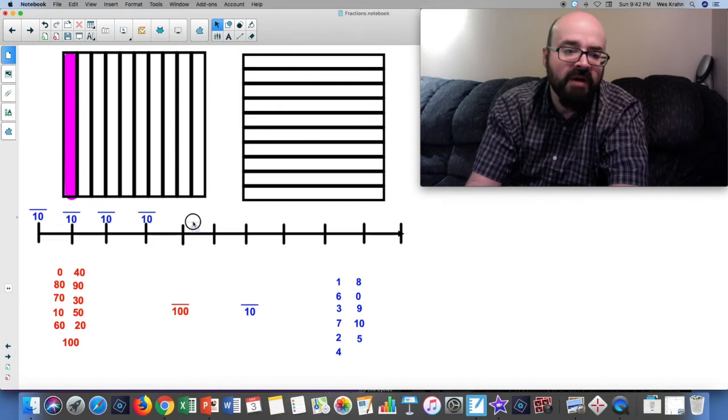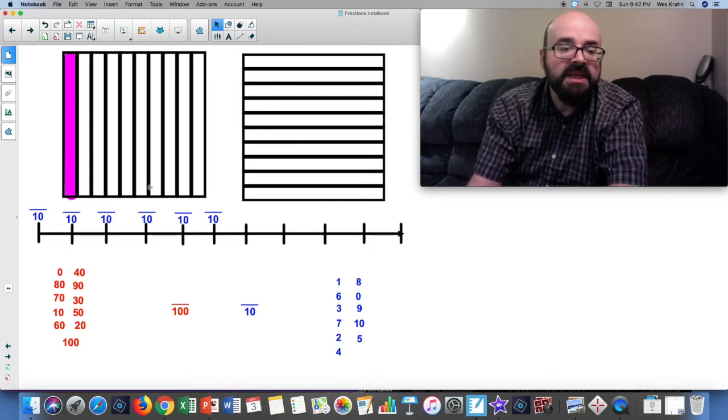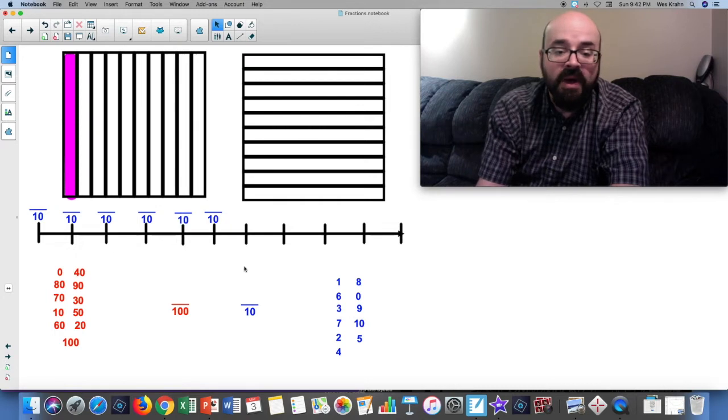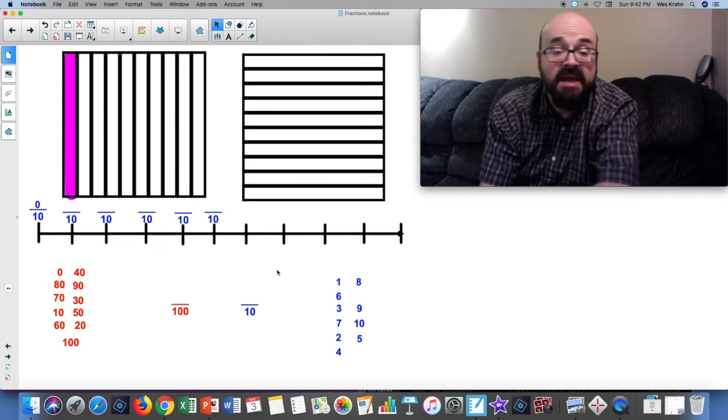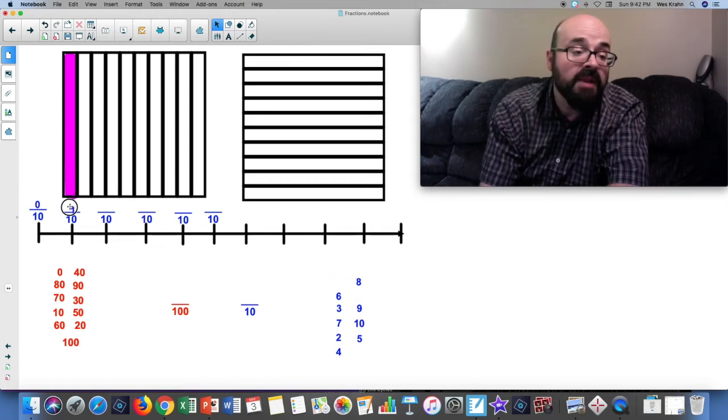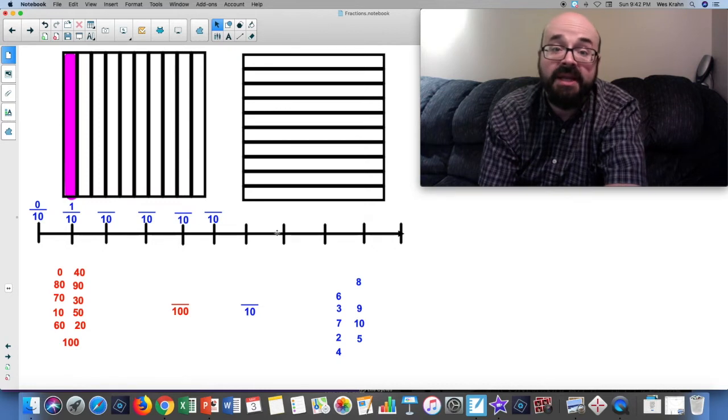Let's stick with waffle or chocolate bar. Either one will work. And we know that each one of these represents 1. Now, if I have none shaded in, that beginning of that number line, I will just have 0 tenths. But if I have 1 shaded in, I will have 1/10 shaded in.